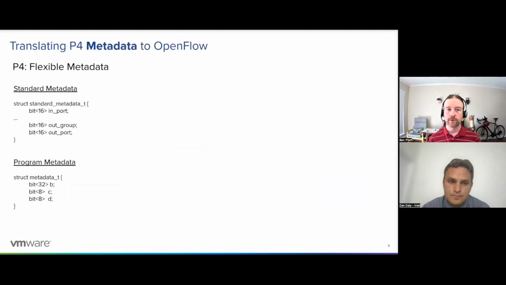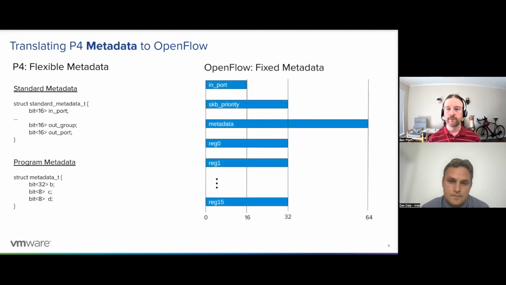We only have time to look at a couple of aspects of translating P4 to OpenFlow, starting with metadata. P4 architectures specify named standard metadata for every packet, and P4 programs can specify their own named program-specific metadata, like shown here. On the other hand, OpenFlow and OVS have a fixed number of metadata fields with fixed names. Some have assigned purposes, like in_port, and others are available for any use, like reg0 through reg15. OfP4 uses an allocator to map P4 metadata into OpenFlow metadata fields, or parts of them.